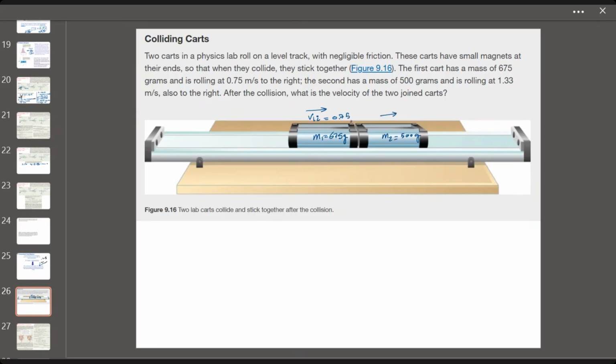For the two carts to collide, this should be M2 because it's going faster. So it's as if it's following the first cart and then it hits it. M2 is faster than M1, and at some point it really hits it.